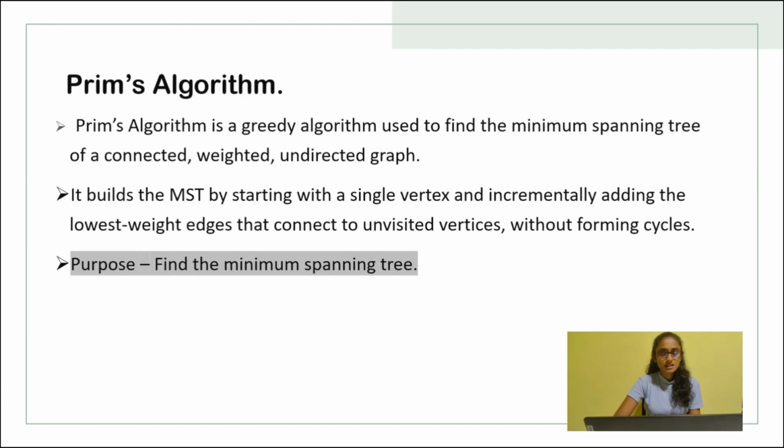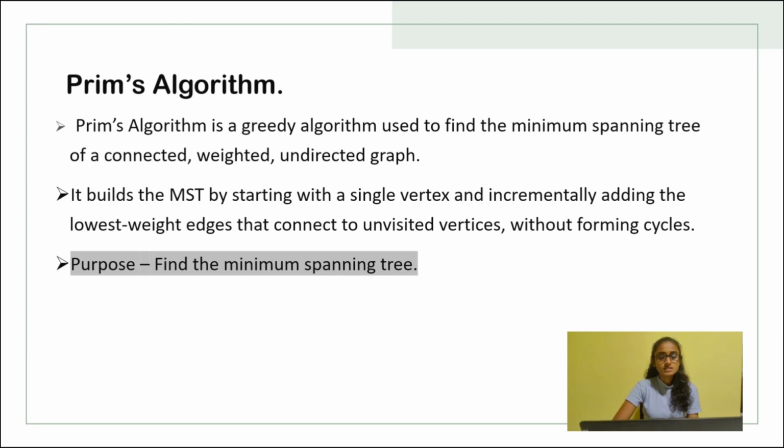What is Prim's algorithm? Prim's algorithm is a greedy algorithm. Greedy means at each step we make the best local choice, hoping it leads to the best overall solution. Prim's algorithm starts from any one vertex, grows the tree one edge at a time, always selects the minimum weight edge, and connects a visited vertex to an unvisited vertex.